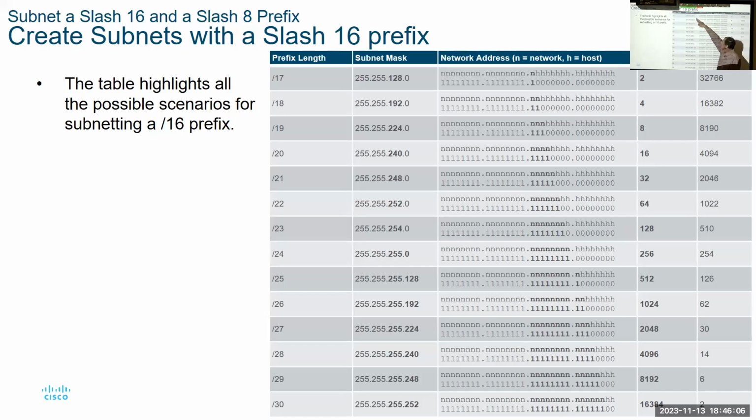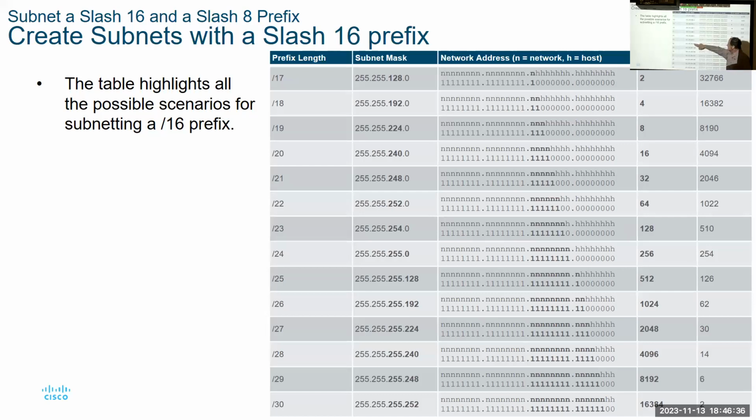But as soon as you start subnetting, these are all the possible values for a subnetted /16 up to /24, and then the 4th octet repeats the same pattern. So those values, 128, 192, 224, 240, 248, 252, 254, and of course 255, those are the numbers you can see over and over as part of a subnet mask.